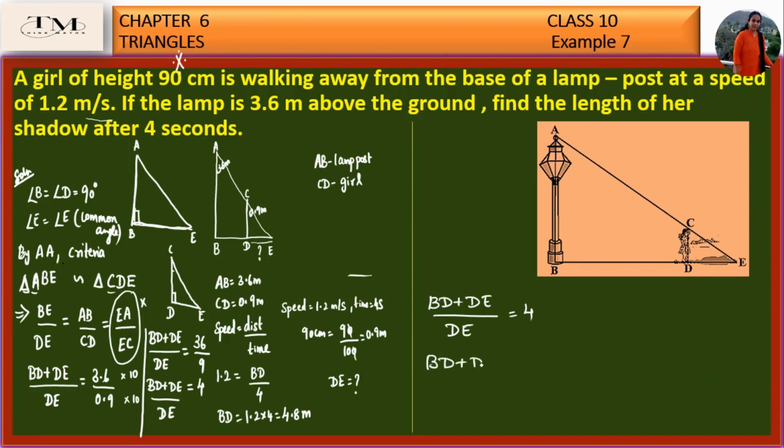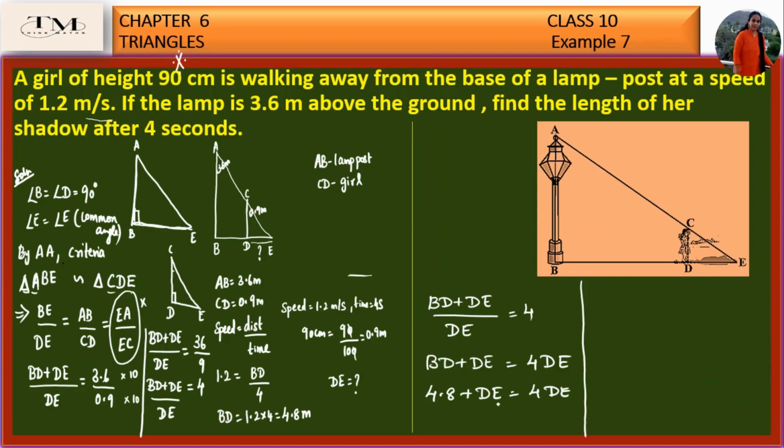BD plus DE will be equal to 4DE. Now take this DE to one side. What is BD? Did we find it? BD is nothing but 4.8. So 4.8 plus DE equal to 4DE.